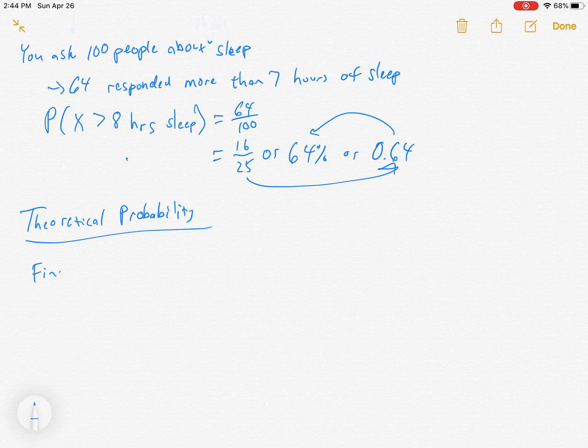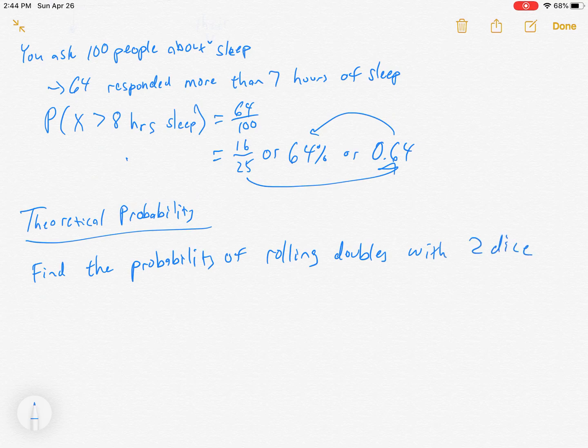On the other hand, theoretical probability, which we'll do a bit more of here, you're dealing with a scenario where you know what the probabilities are.